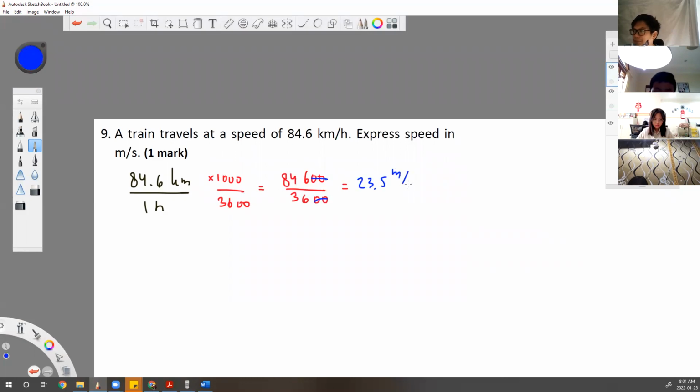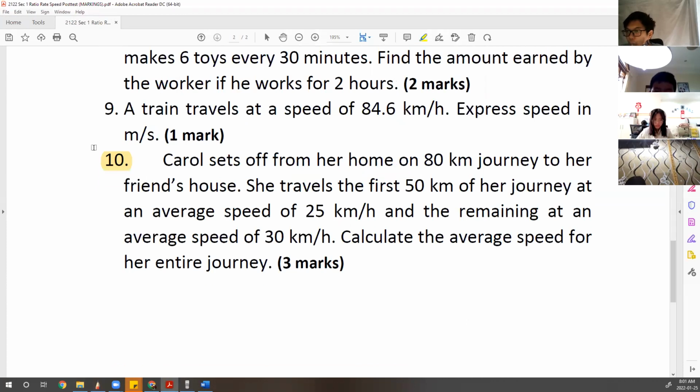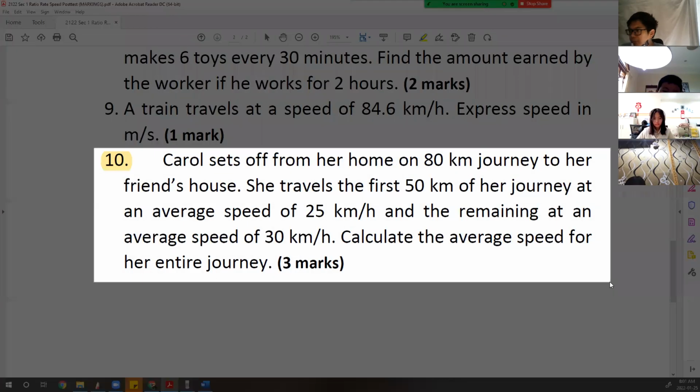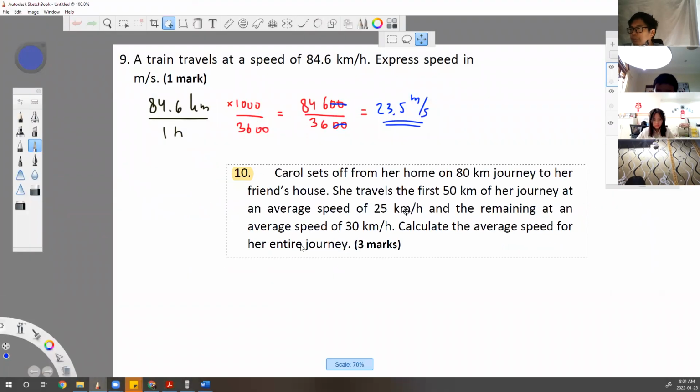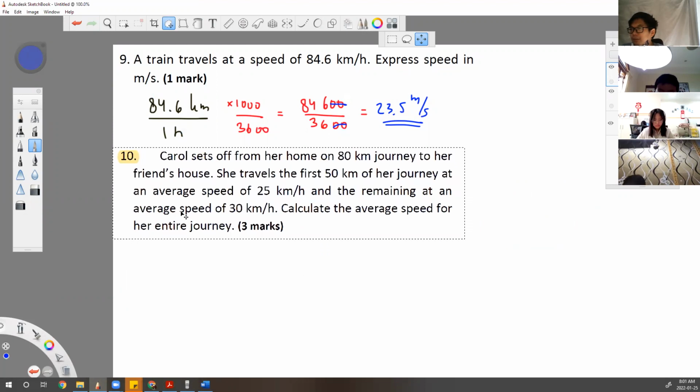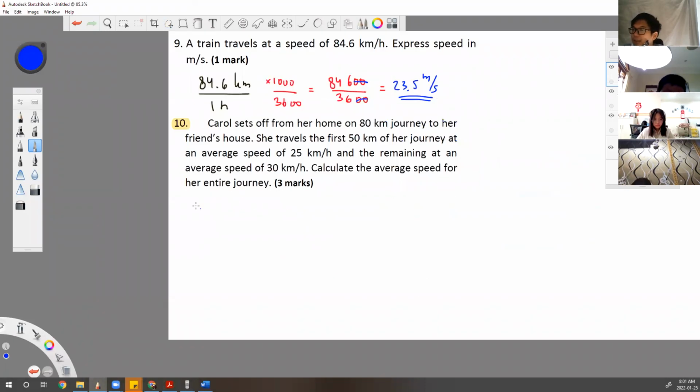Number 10. Okay. Carol sets off her home on 80-kilometer journey to her friend's house. Oke, jadi ada from Carols to her friends. Selalu gambar. 80 totalnya.